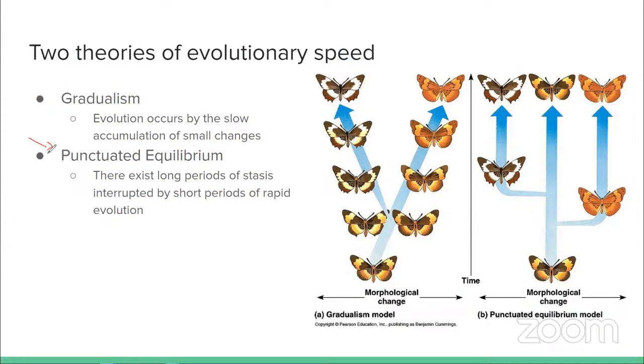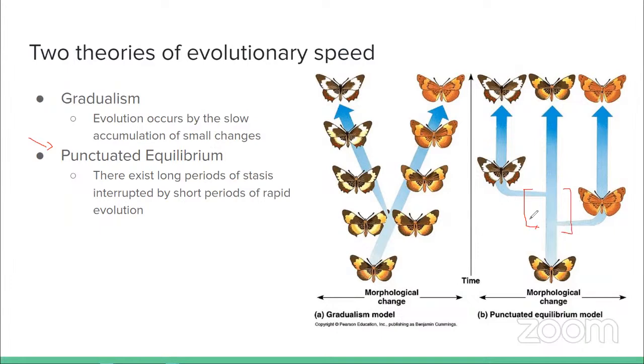People who prefer this model think that we have long periods where everything stays the same, but short periods where something changes and we end up with really rapid evolution on a geologic time scale, right?